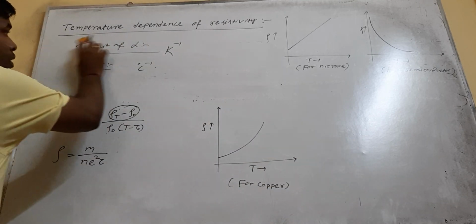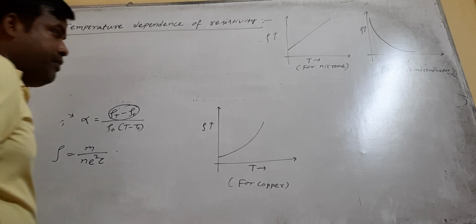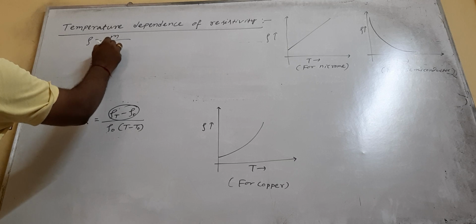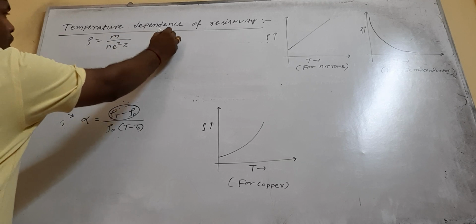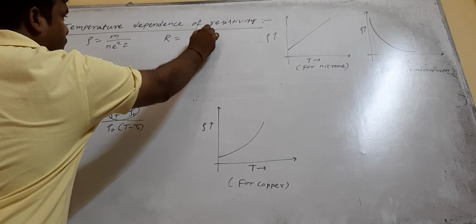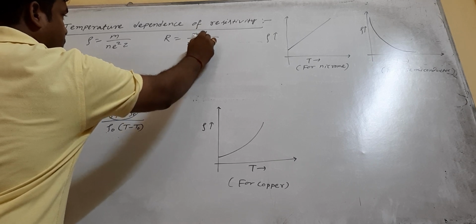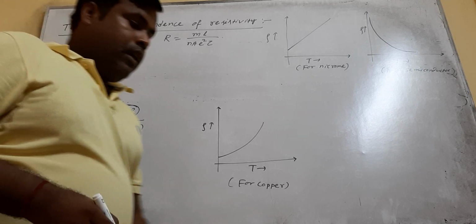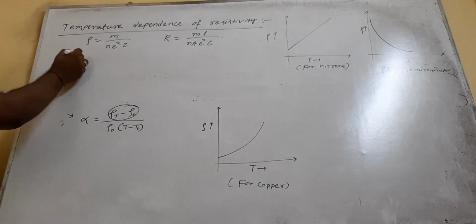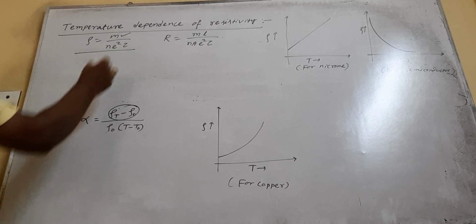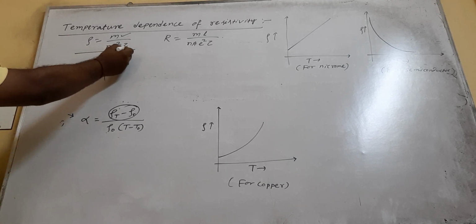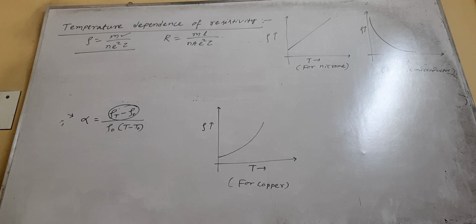So here I will write rho is equal to m by n e square tau, or resistance is equal to m l by n e square A tau. In this expression, m is the mass of the electron, n is the number density of free electrons, e is the charge of the electron and tau is the relaxation time.